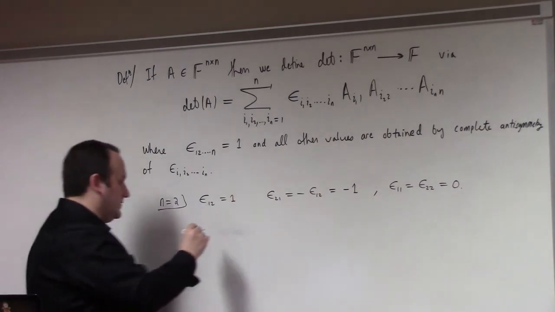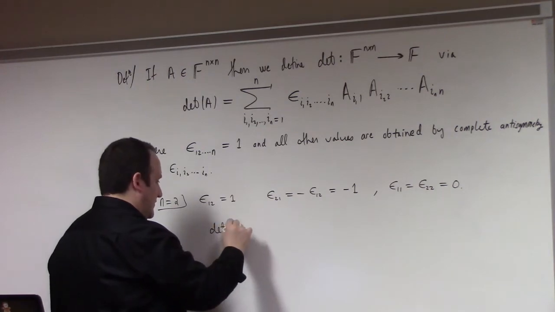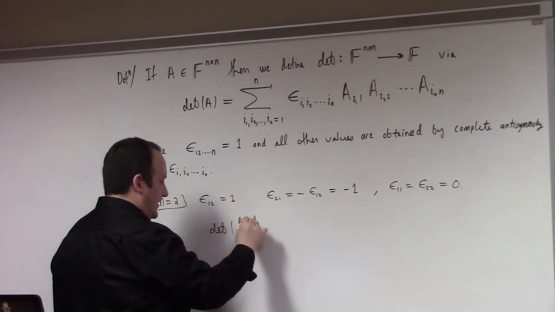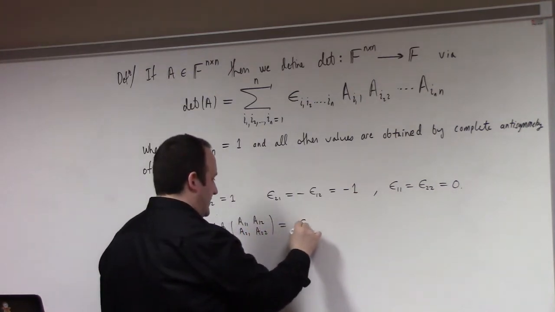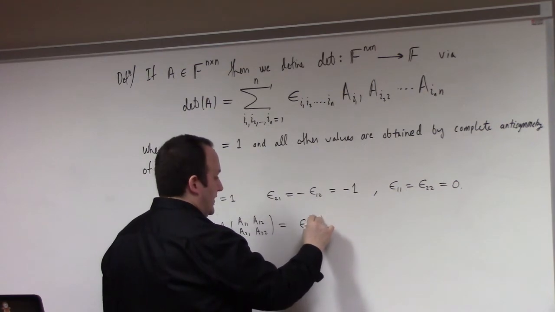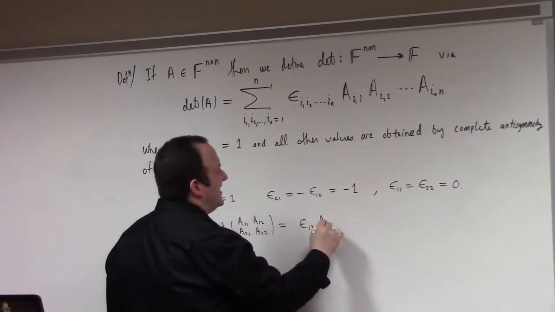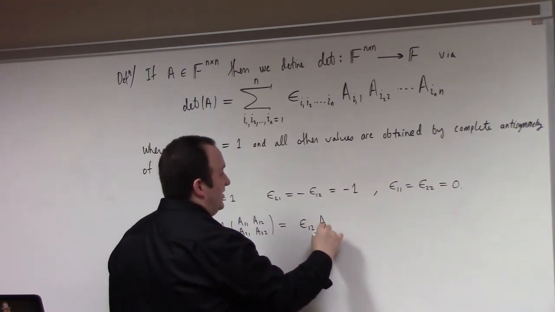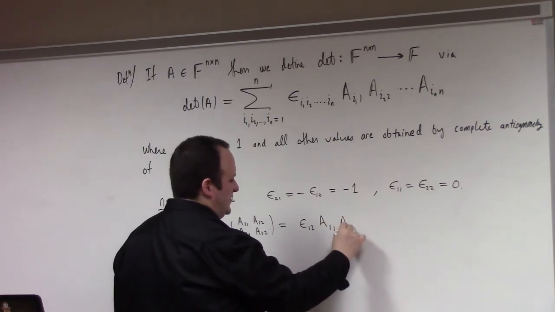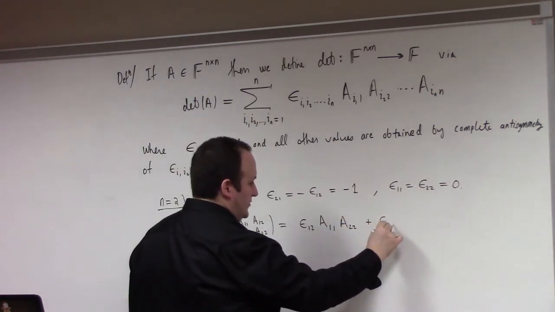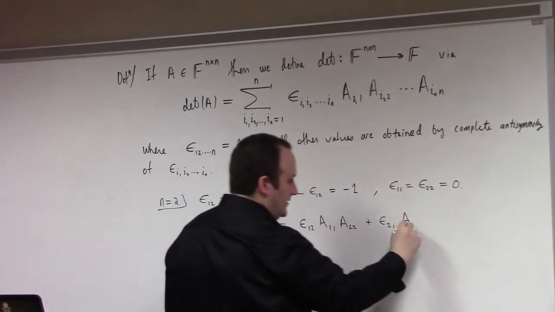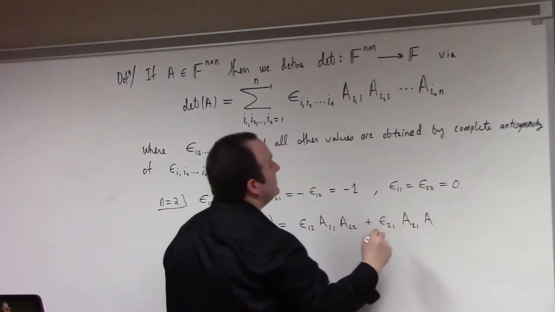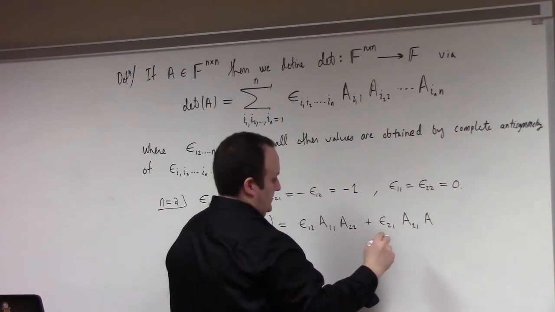Anyway, so the determinant of A11, A12, A21, A22 is just equal to epsilon 1, 2, A11, A22, plus epsilon 2, 1, following the pattern up here, guys, A12, A21.